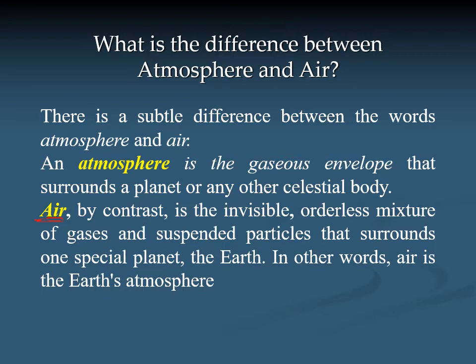For any celestial body of the universe, the gaseous envelope is known as atmosphere. And as we know that Earth is special, so the atmosphere of Earth is named by a special name, and that is air.